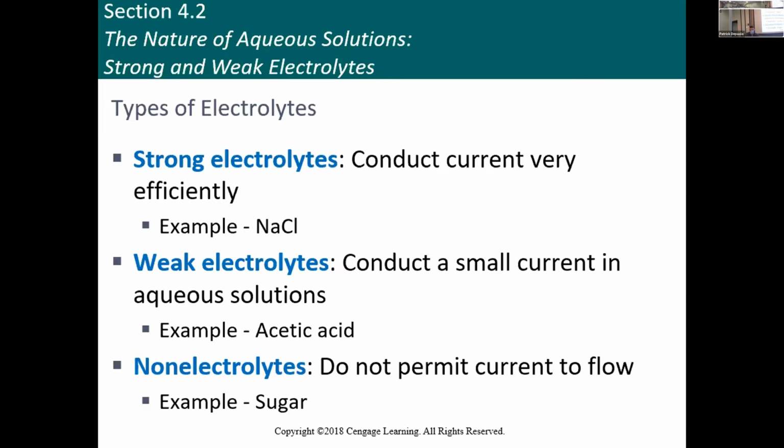Whereas with a strong electrolyte, it's 100% ionization: every single molecule will dissociate into its ionic components, whether it be an ionic salt, a strong acid, or a strong base. We'll talk about more examples in a couple of slides.